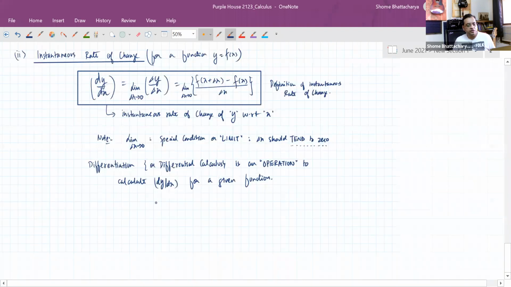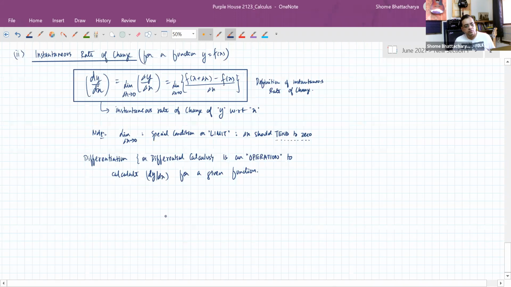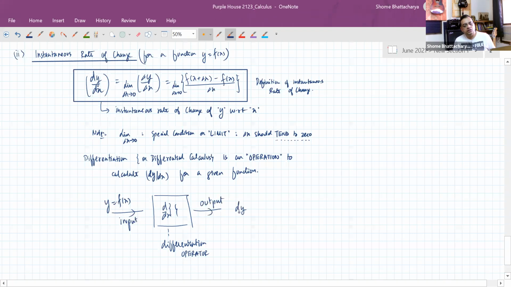So you can think of it like an operator. This is the differentiation operator, such that when we input the function y equal to f of x, the output it gives us is the instantaneous rate of change.